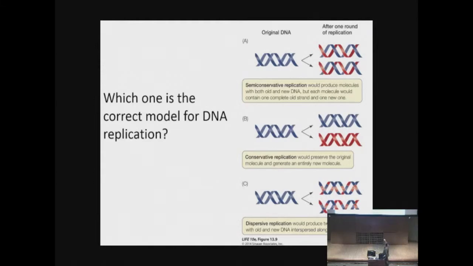With the semi-conservative, one of these strands creates the template for one of the new DNA, and the other strand creates the template for the other DNA. With a conservative replication, the original is replicated and the new DNA is completely new. While with the dispersive replication, parts are copied left and right.